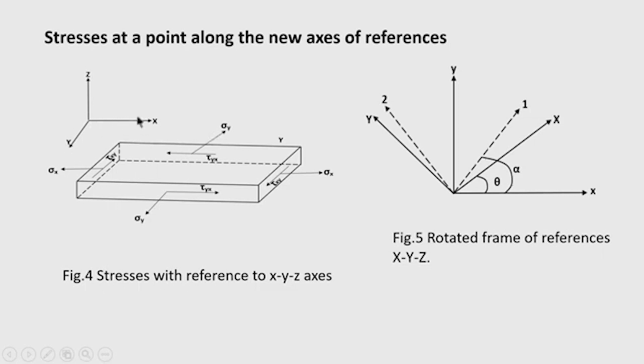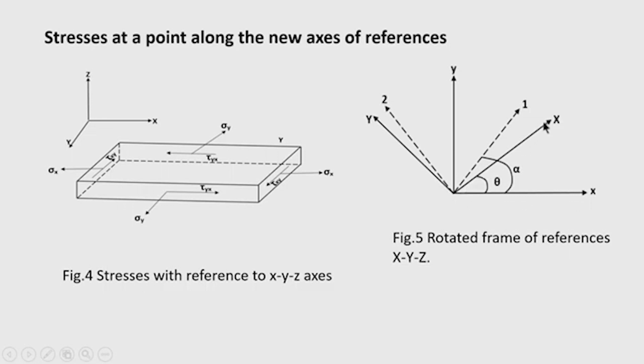If this frame is rotated about the z axis, then let us see what will be the component of stresses. Okay. So, the frame is rotated counterclockwise with an angle theta from the original configuration.